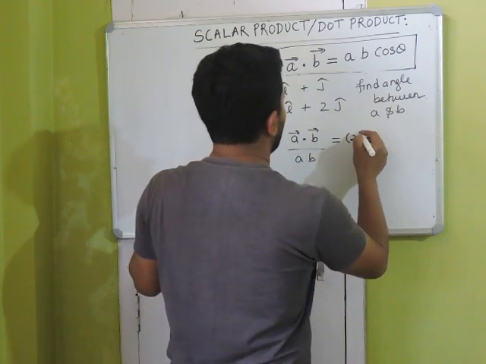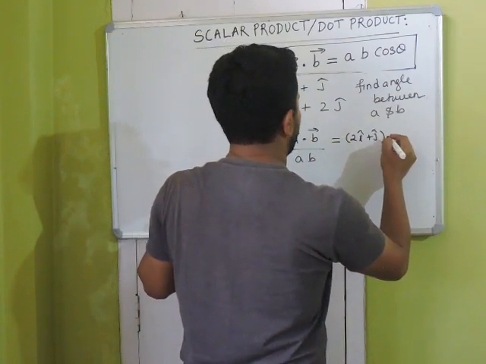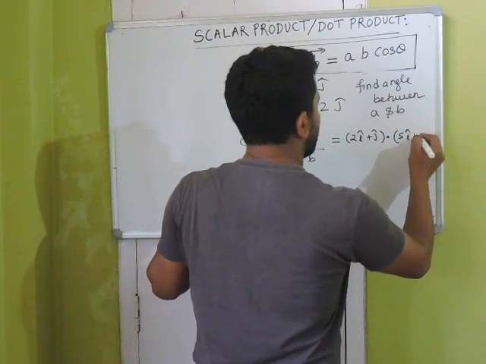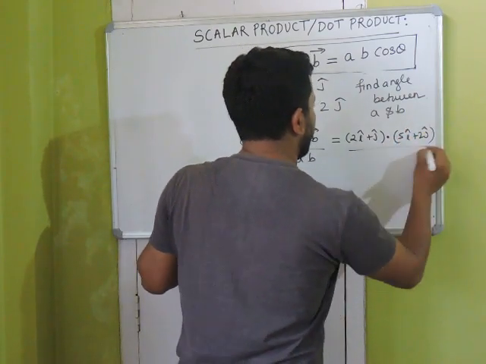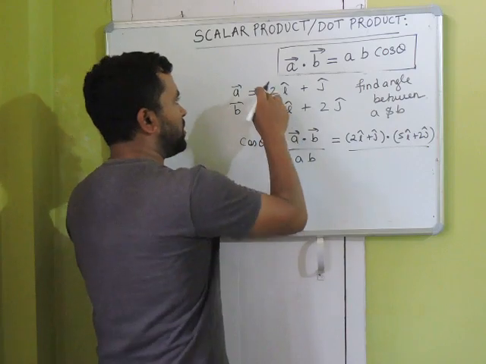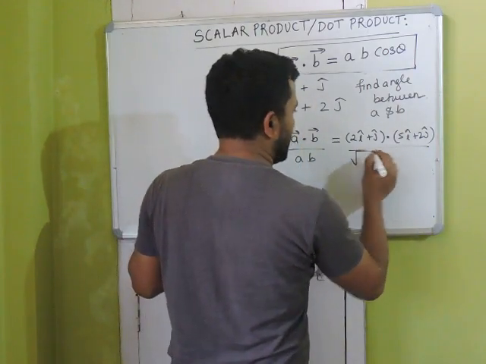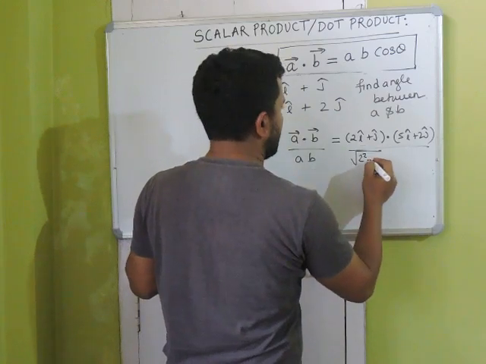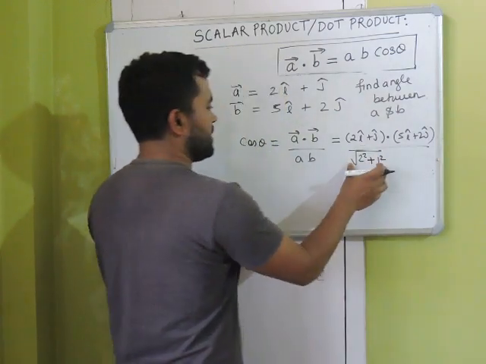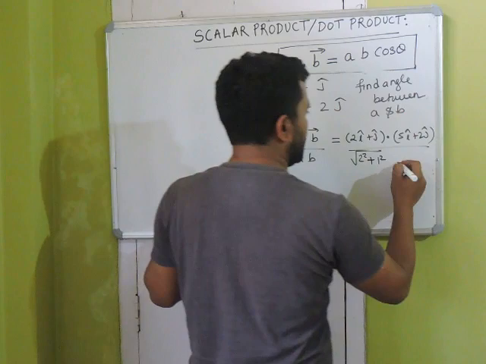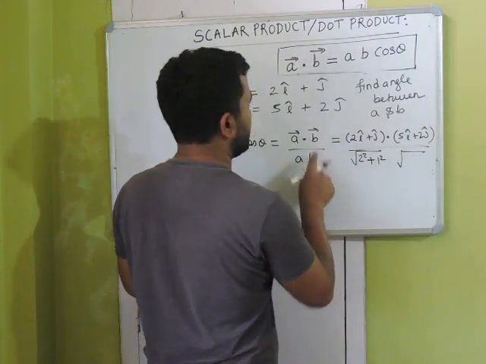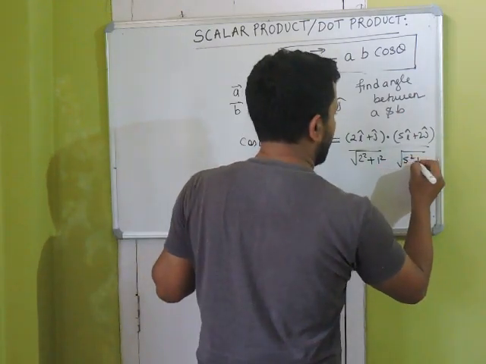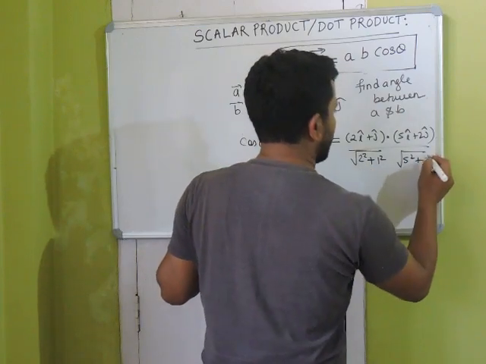This will be 2i plus j dot 5i plus 2j divided by magnitude of A. Magnitude of A will be square root of 2 square plus 1 square. Okay, this is the magnitude of A. What is the magnitude of B? Magnitude of B will be 5 square plus 2 square.